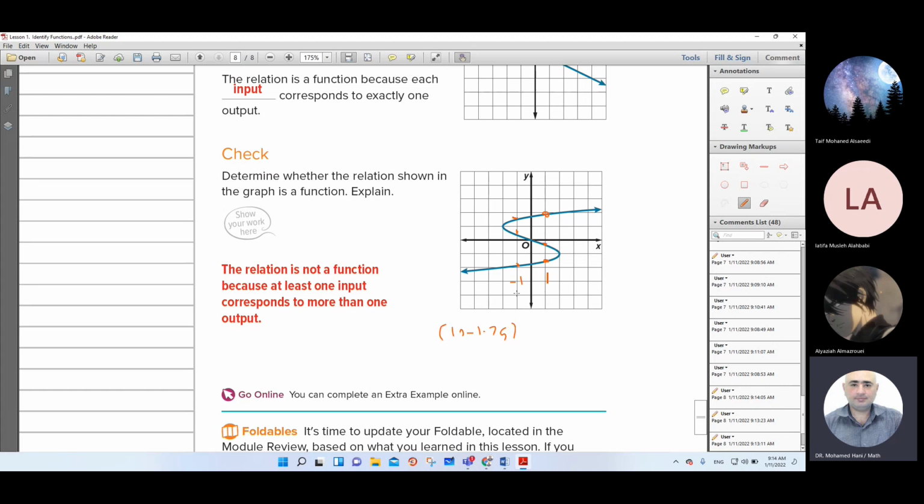And this point 1 in x and about negative 0.25. And this point 1 in x will be 2 in y.